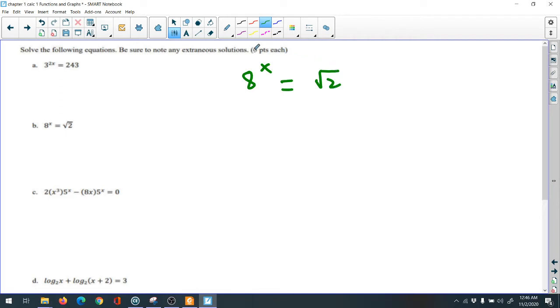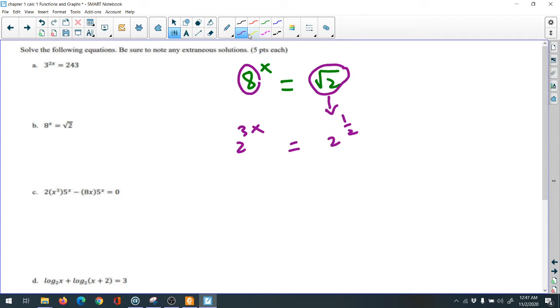Square root of 2 and 8, both have a relationship with the number 2. So square root of 2 is 2, but with exponent a half. That's the square root of 2. And then 8 is 2, but to the third. And we have x. Easy. So square root of 2 and 8 both have a relationship with 2. They are family members of 2.